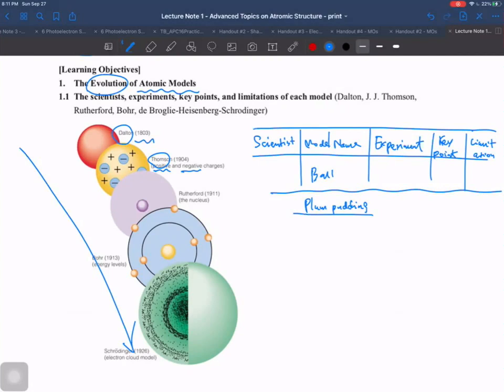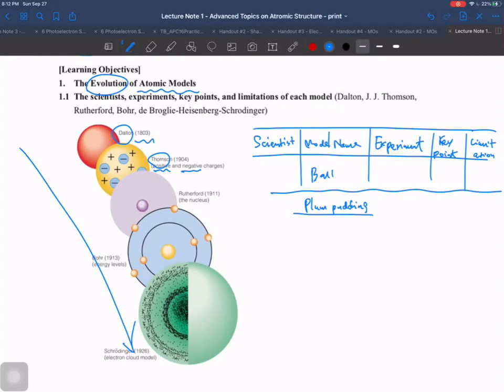J.J. Thomson got the Nobel Prize in physics in the early history of the Nobel Prize, I believe around 1903 or '04. The Nobel Prize started from 1901, so it was one of the first few. And J.J. Thomson worked at the University of Cambridge, so he's a typical UK person.